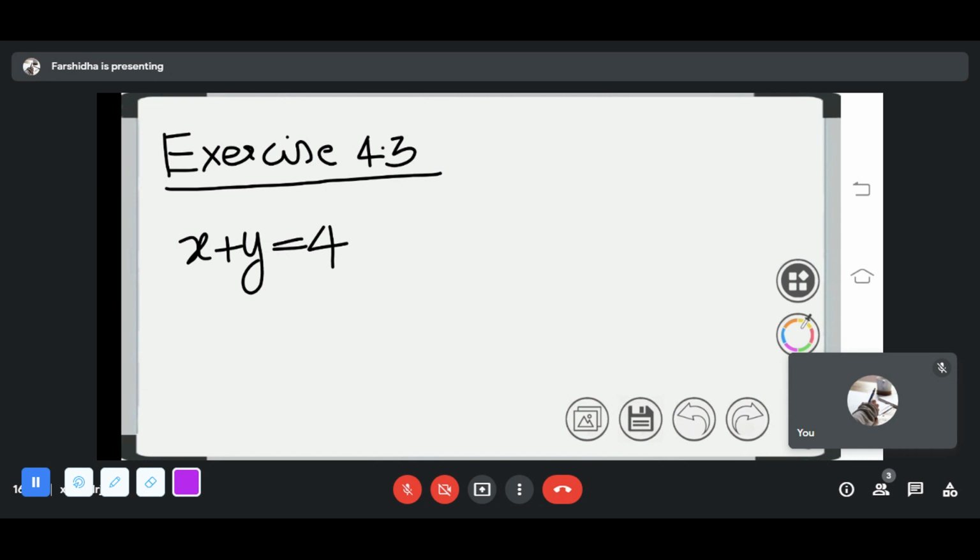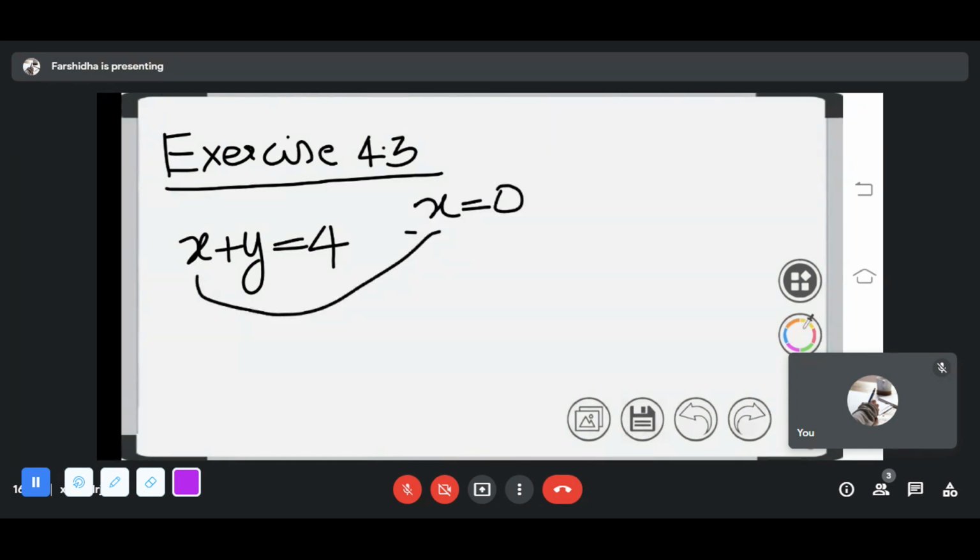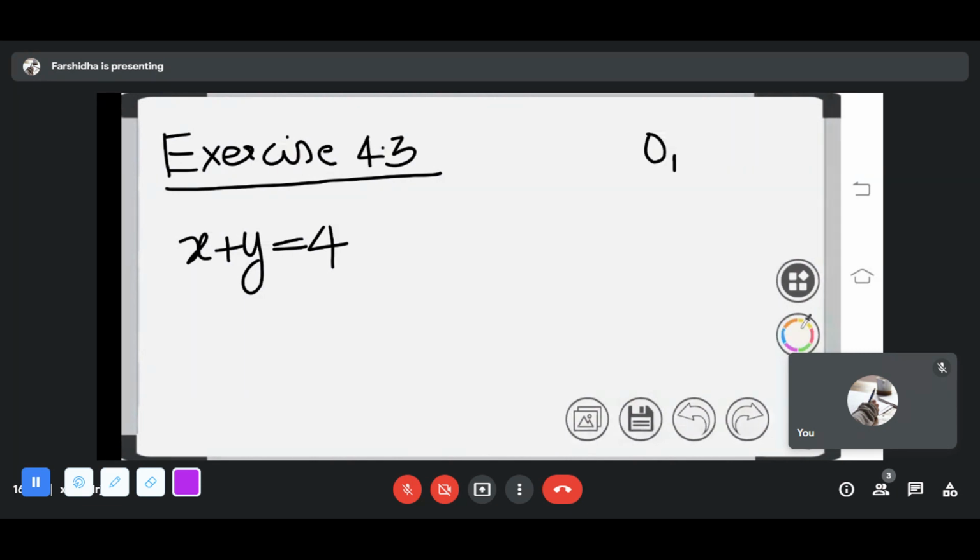Suppose x is equal to 0, you should substitute 0 instead of x. So y is 4. This is your first point, (0, 4).